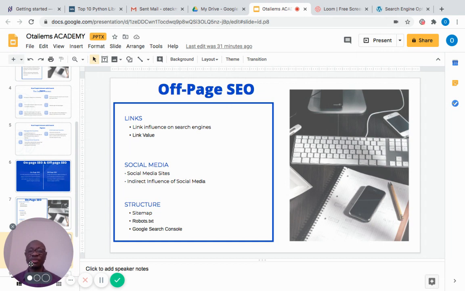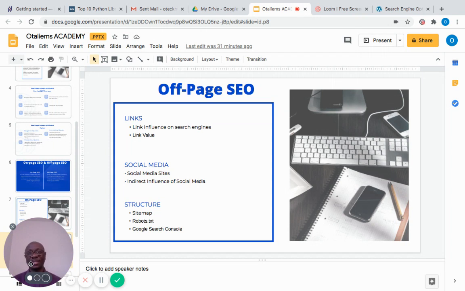Everyone is on Facebook, Twitter, Instagram, Tumblr, LinkedIn. So try as much as possible to make your site available on these different directories on social media, because it adds a lot of juice to your website.